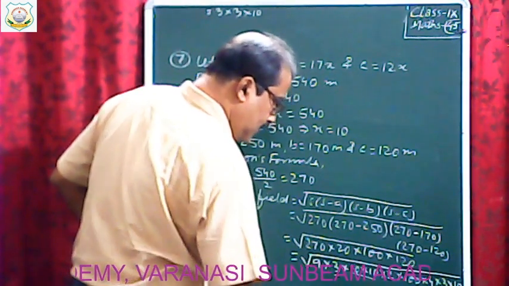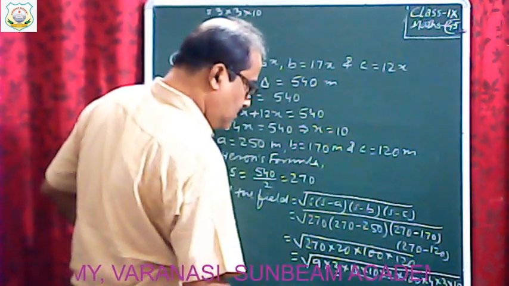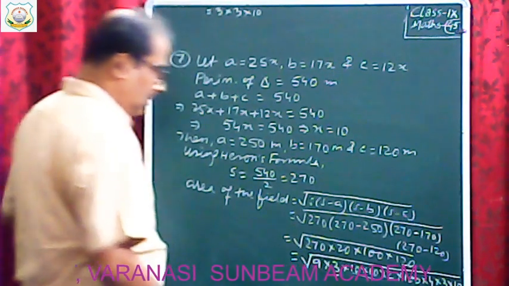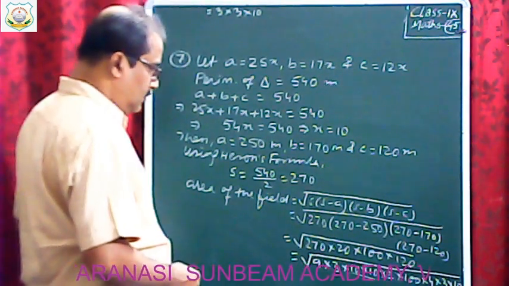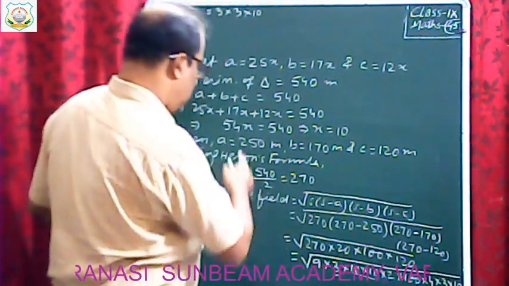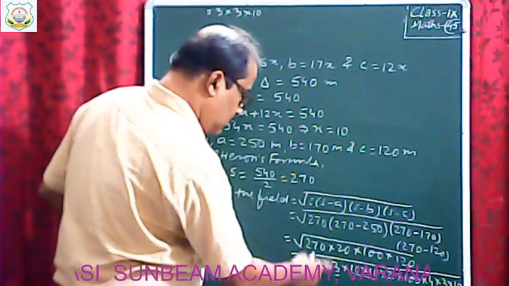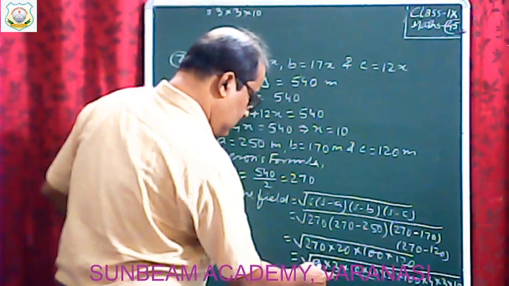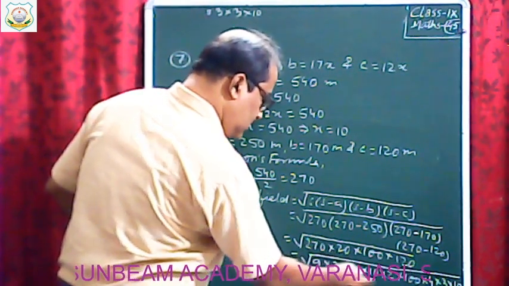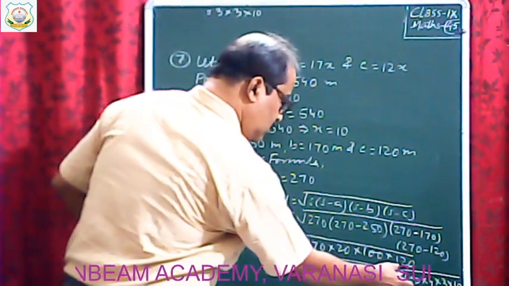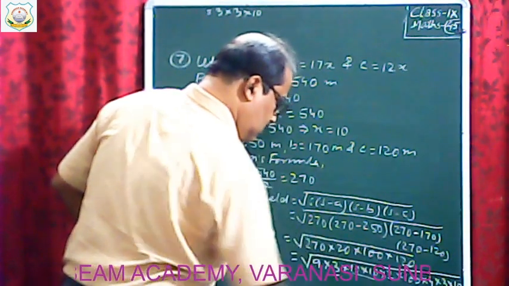Okay. 270, 250, 170, 120, 9 here, okay, 20, 10 into 2, 100, 12, 4 into 3.